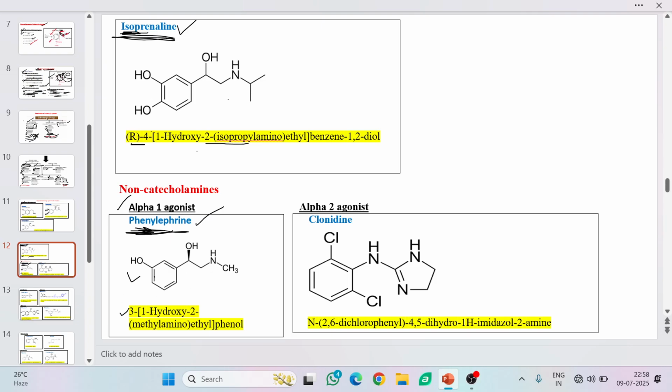अब इसमें नेमिंग डिफरेंट होगा. फर्स्ट कार्बन इसको 1, इधर आएगा 1, इधर आएगा 2, इधर आएगा 3. Likewise 4, 5 and 6.